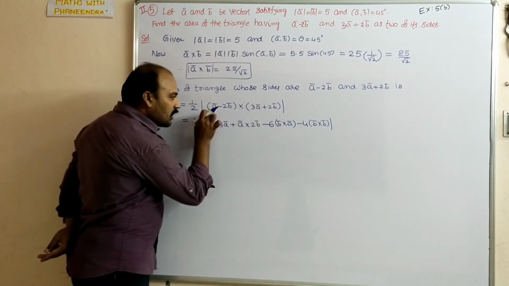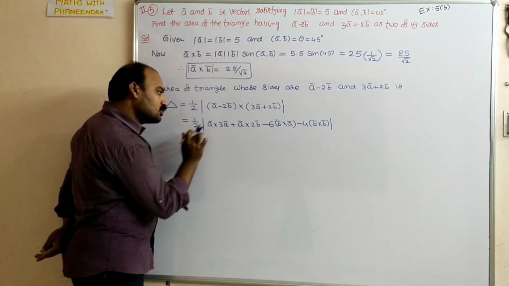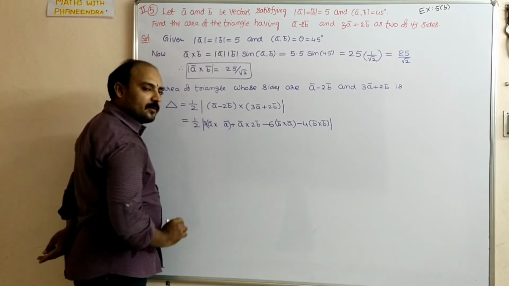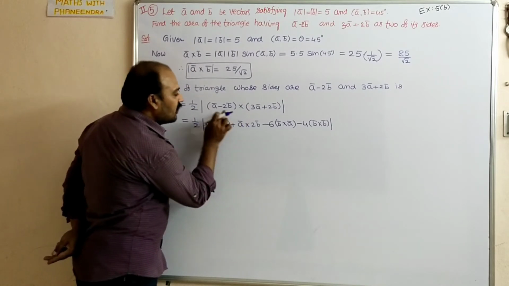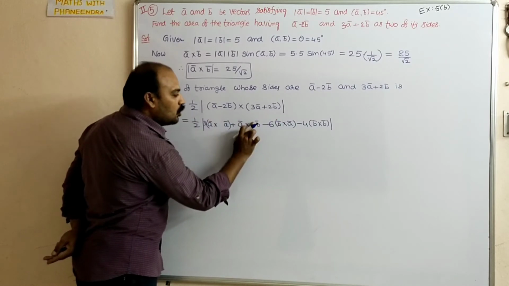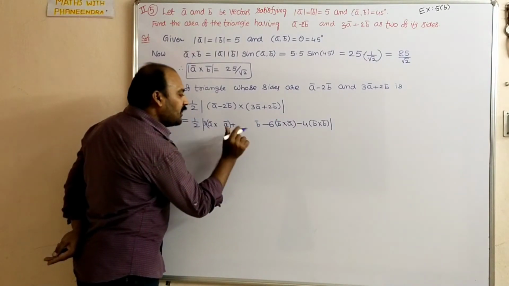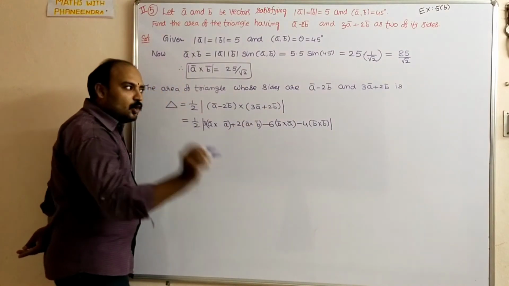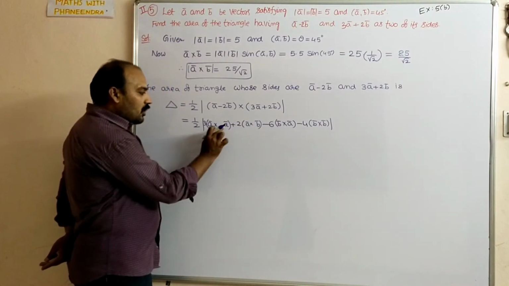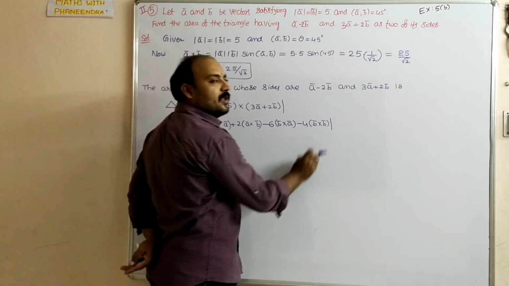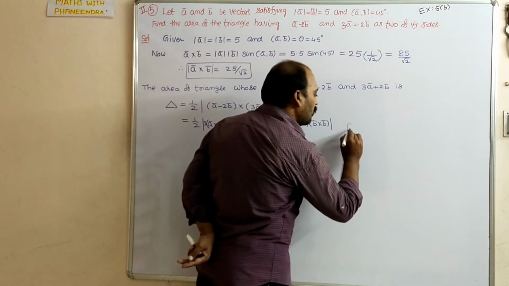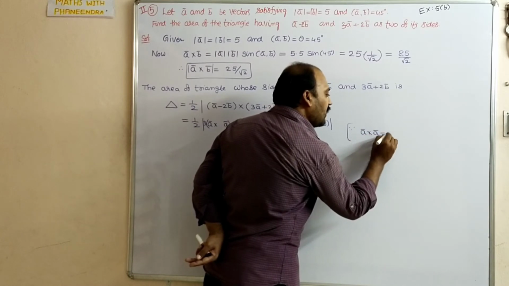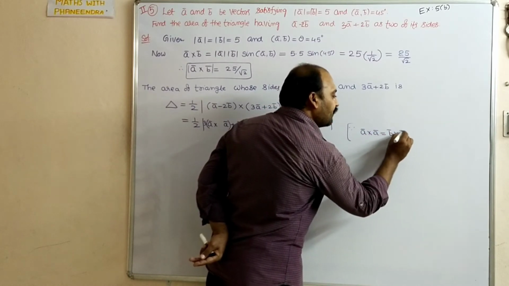Here A bar cross 3A bar is there, so the constant 3 you can take outside: 3 times A bar cross A bar. Even here, A bar cross 2B bar, 2 is a constant, so we can write it as 2 times A bar cross B bar. We know that A bar cross A bar and B bar cross B bar go to 0; the cross product of the same vectors is always equal to 0.